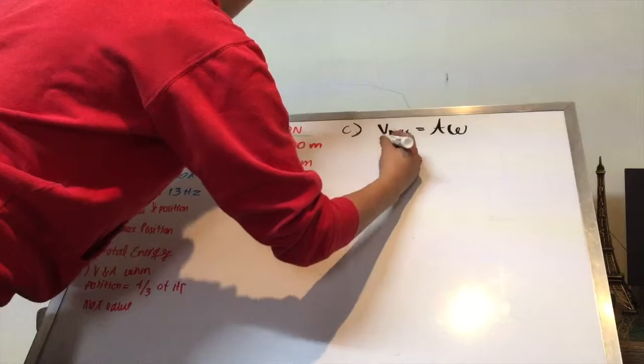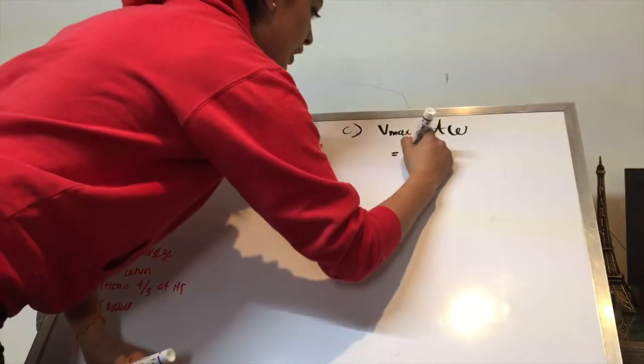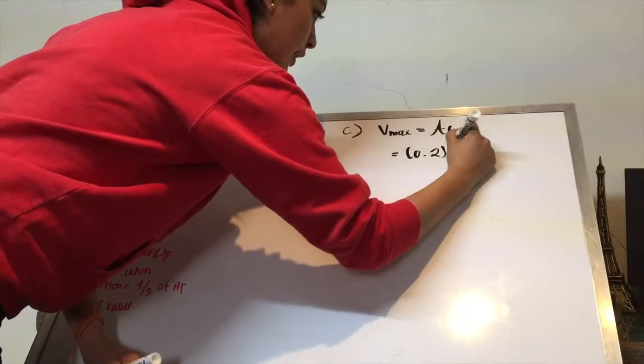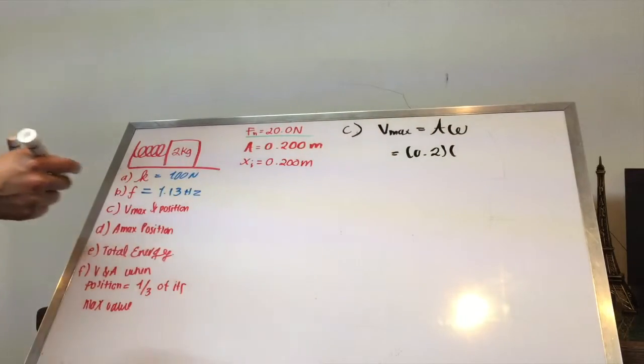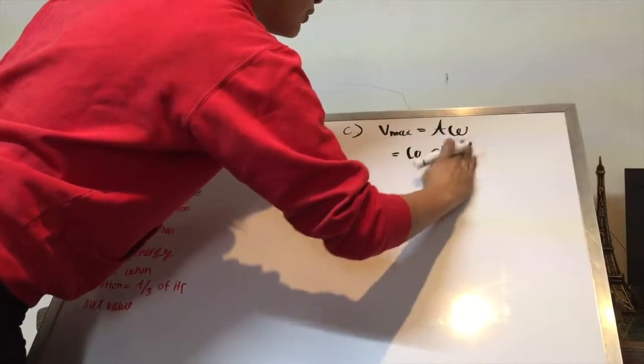So the maximum velocity is our amplitude, 0.2, times our omega from earlier, the square root of 50.